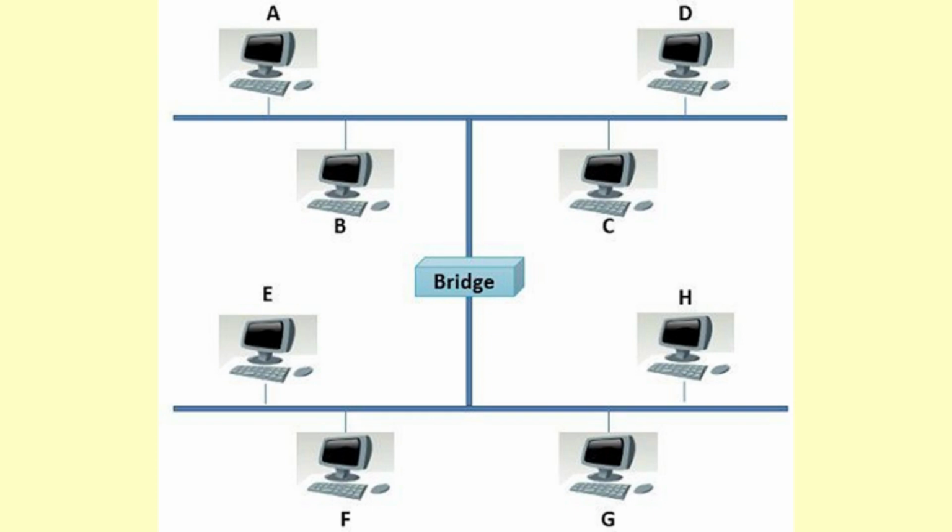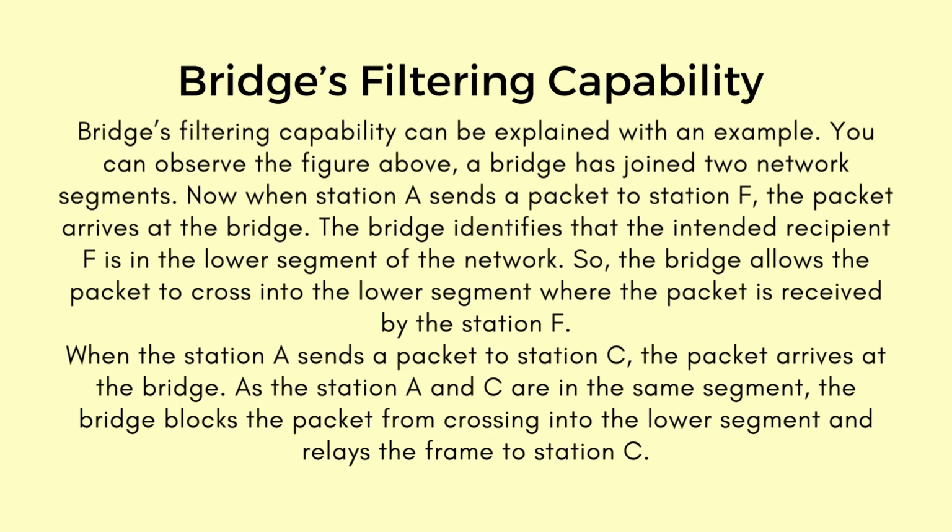Now when station A sends a packet to station F, the packet arrives at the bridge. The bridge identifies that the intended recipient F is in the lower segment of the network.